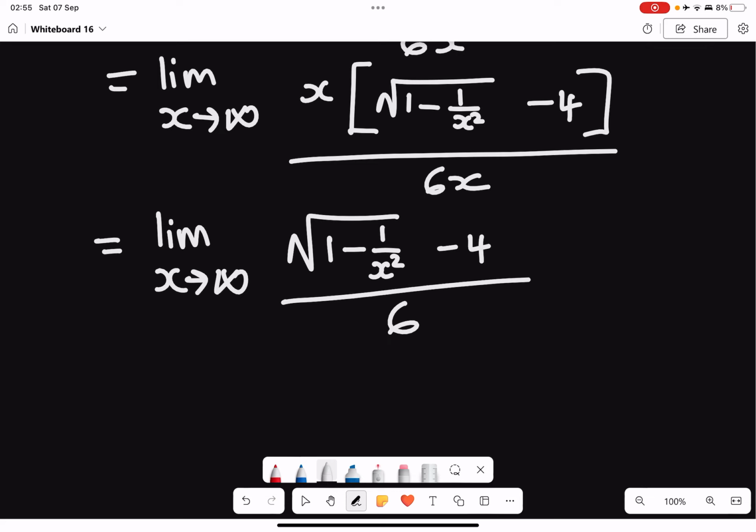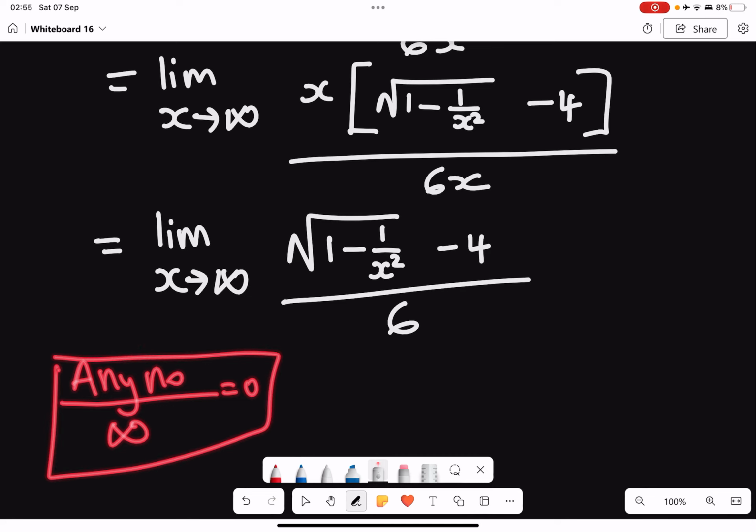Right, after cancelling, I can now substitute, and the infinity sign will just be substituted there, because that is the only part that has an x, and the x is the one that is approaching infinity. So any number over infinity is equal to 0, right? You must know this, it is very important.